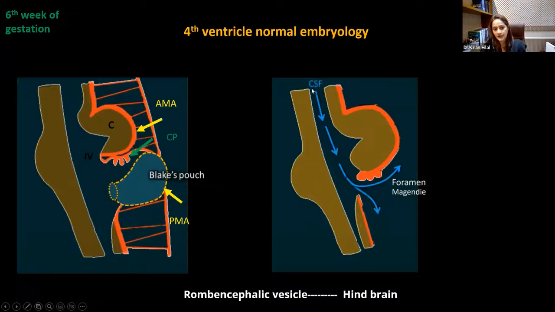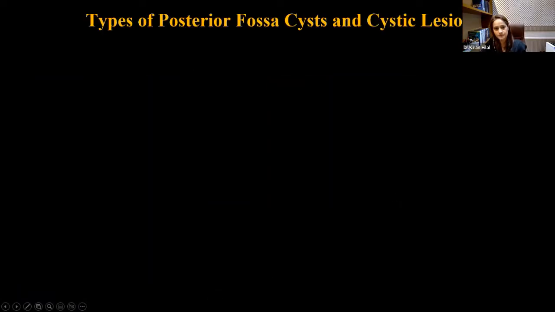So remember, that's how the CSF starts moving and connecting with the rest of the CSF spaces. So remember your anterior membranous area, posterior membranous area, the black pouch, the neck of the black pouch, the fenestration of the neck of the black pouch, and then it becomes in future the foramen of Magendie for the continuous CSF flow out of the ventricular system.